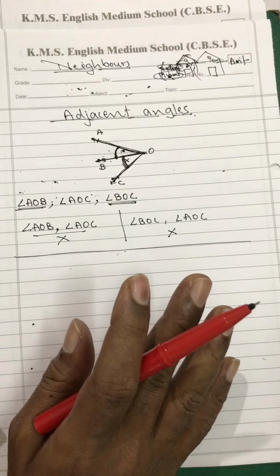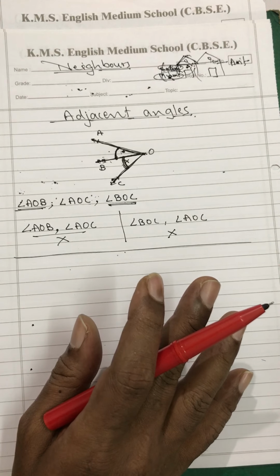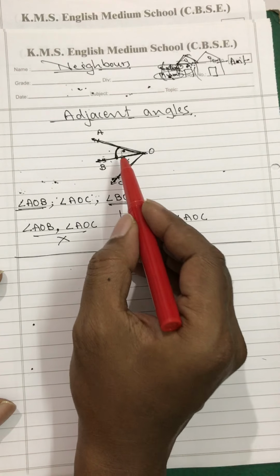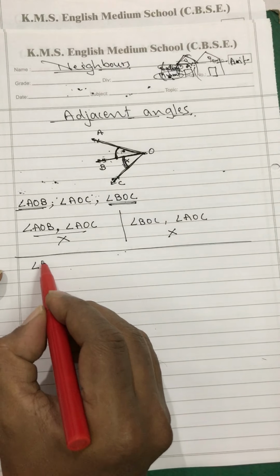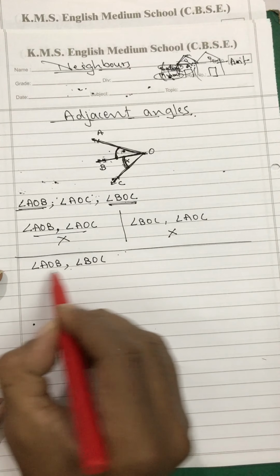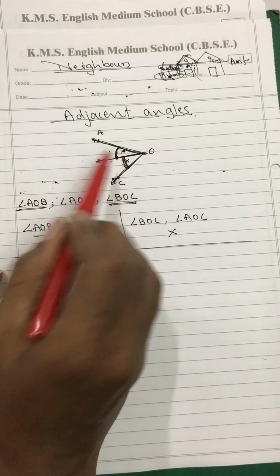I will right now just stick to this method, and we will not try to complicate it. When you consider these two angles, angle AOB and angle BOC, only these are adjacent angles because they are neighbors of each other.